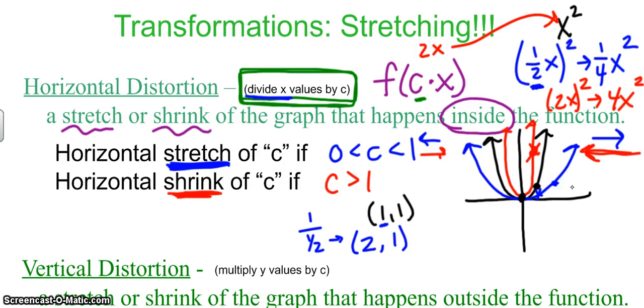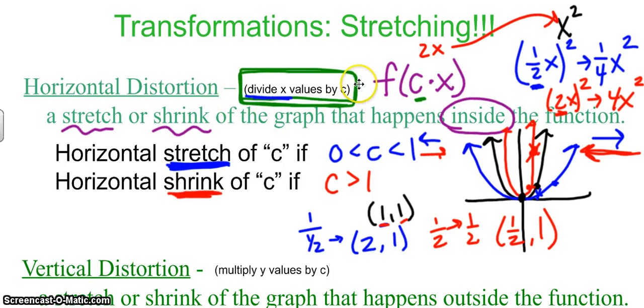That looks pretty accurate. For a horizontal shrink of c, I'm going to take that same x value and I'm going to divide it by 2. Well, that's just 1/2. So now I have the point 1/2, 1. Right there.